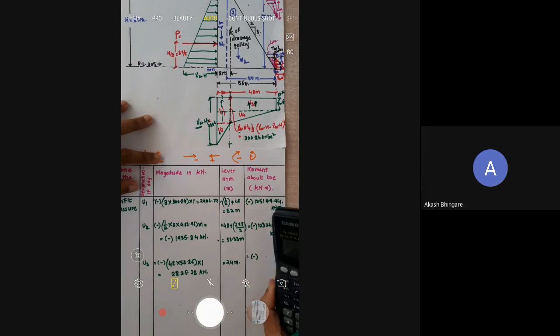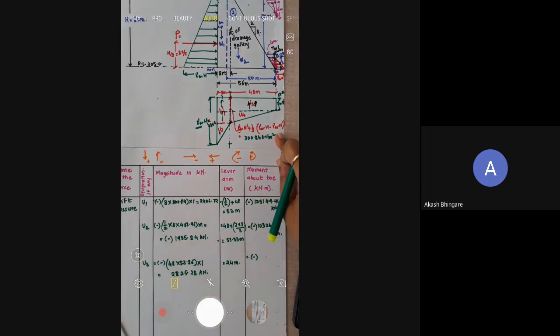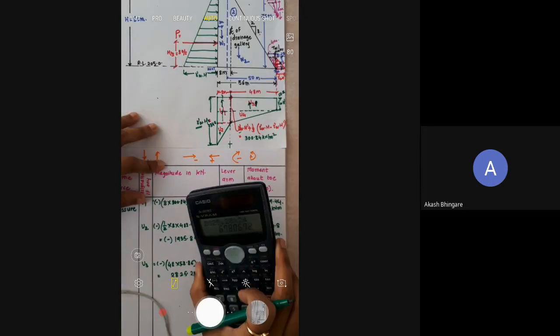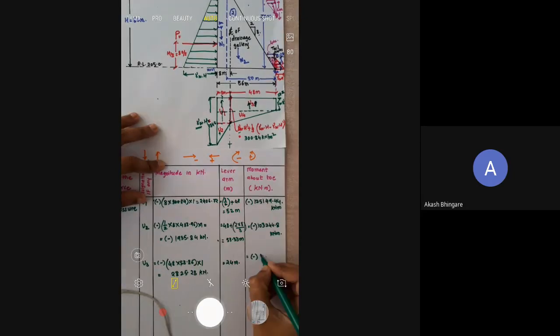So 2825.28 into 24. So what is the answer that you are getting? Yes, correct. It is 67806.72. Yes, correct. Good. Now the last one, U4.